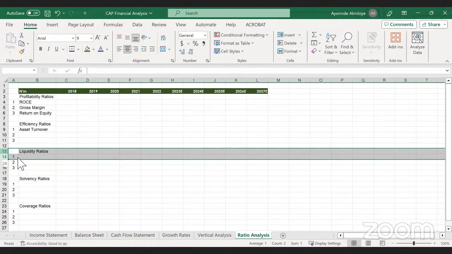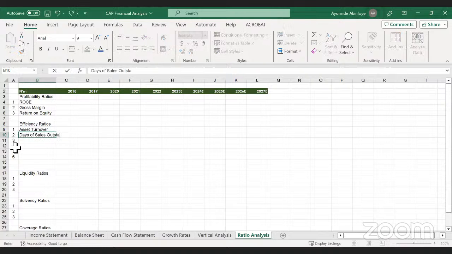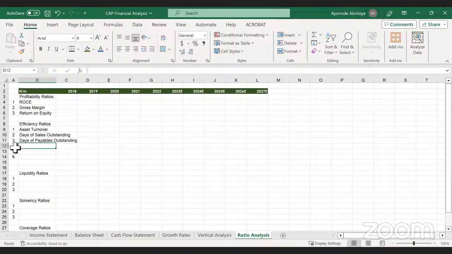So asset turnover, then days of sales outstanding, days of payables outstanding, and days of inventory outstanding.